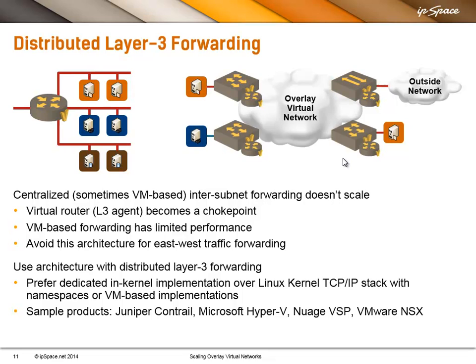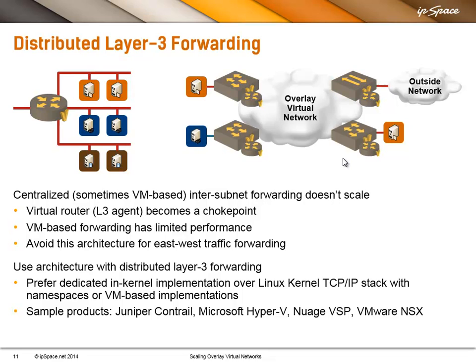There are people who have implemented distributed layer 3 forwarding with Linux namespaces and the default Linux TCP/IP stack, and there are people who are solving this with in-kernel switches. You should always prefer the latter solution because the Linux TCP/IP stack has some performance limitations that are well known to anyone who has to write high-speed network function virtualization appliances.